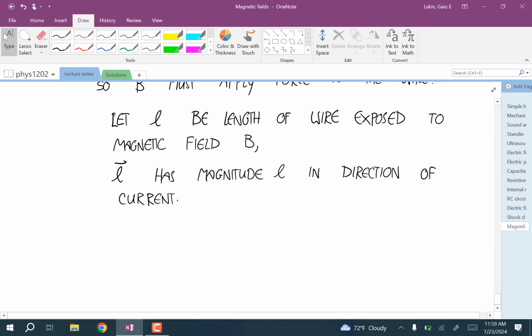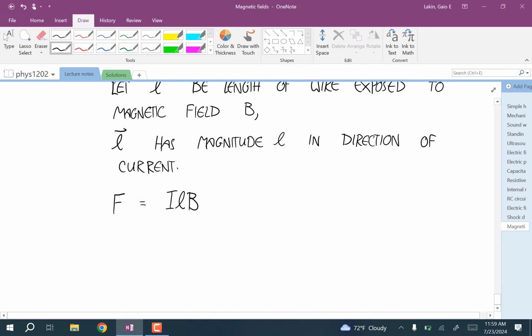Okay. Then the force on the wire is equal to the current times the length L times the magnitude of the magnetic field.